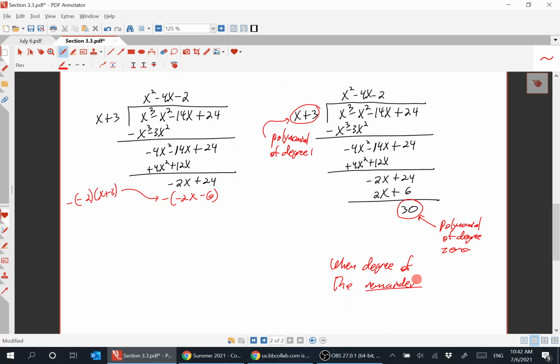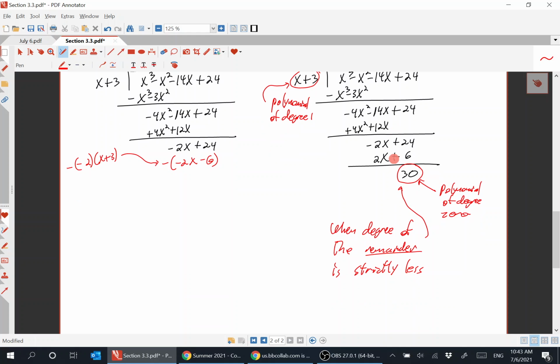When the degree of the remainder, which is this number here, is strictly less than the degree of the divisor, you're done.